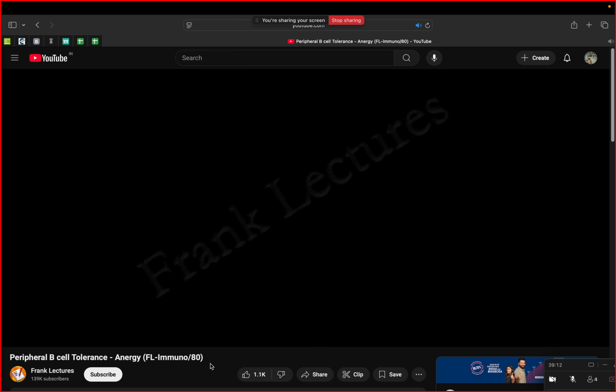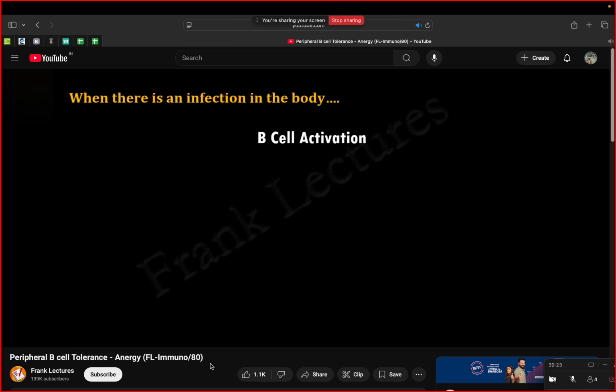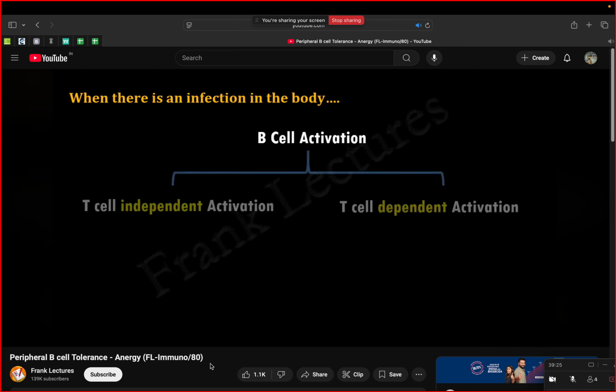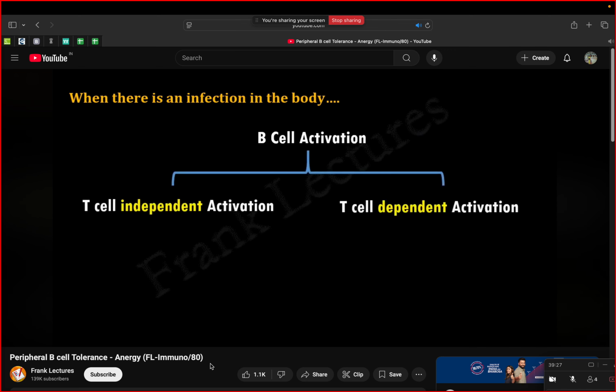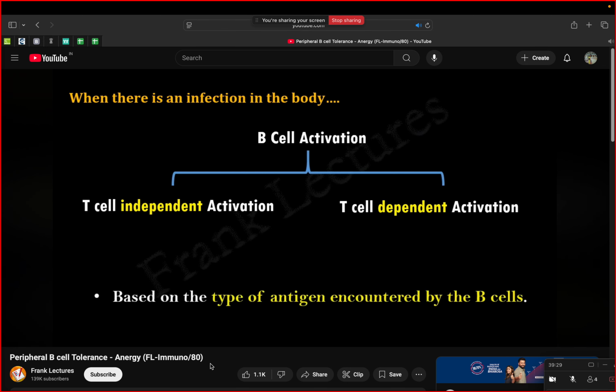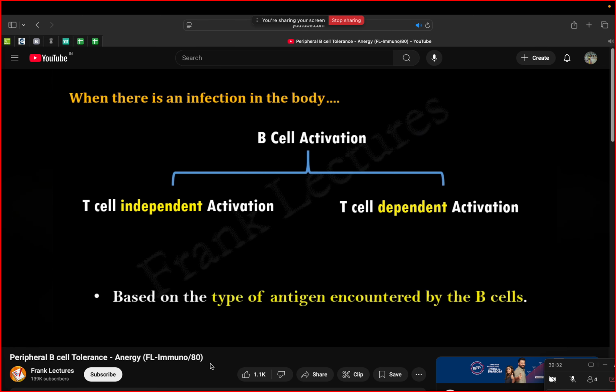To understand peripheral B cell tolerance, we should be familiar with the mechanisms of B cell activation. Let's recall B cell activation mechanisms in brief. B cell activation is of two types, and this depends on the type of antigens encountered by the B cells.